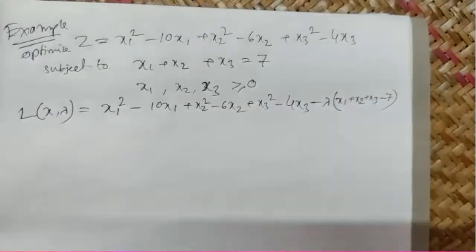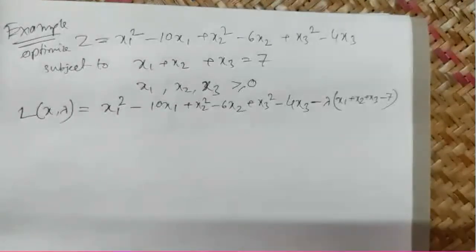So next, we take the partial derivative with respect to all the variables and all the lambdas. Here there is only one constraint equation, so there is only one lambda.